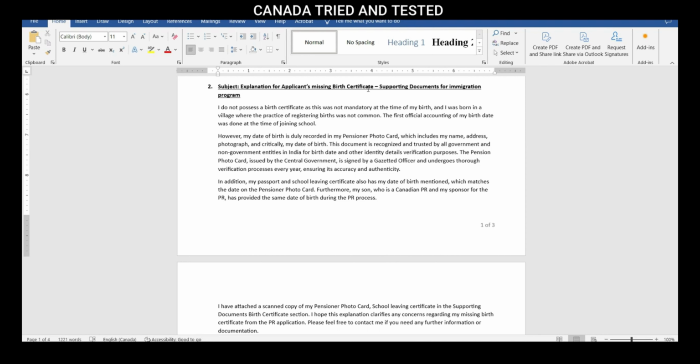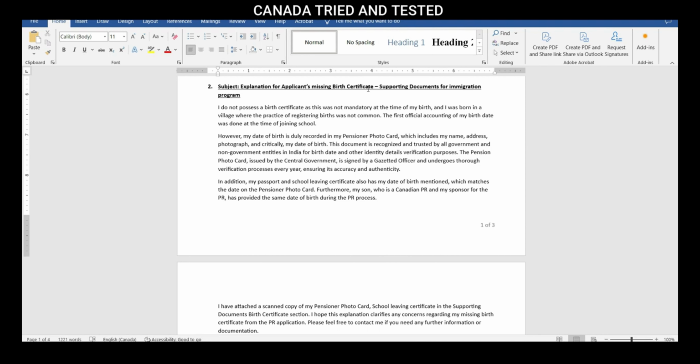So there is a verification process which happens, and of course all the details mentioned are recorded in those documents. In addition, my passport and school leaving certificate also have my date of birth mentioned, which matches the date on the pension photo card. So passport, school leaving certificate and pension photo card all three match the date of birth.